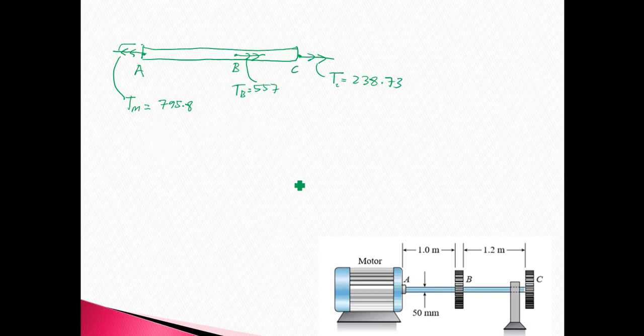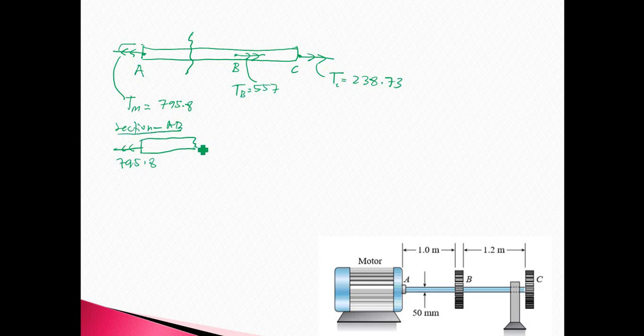So how to determine the torque in section AB? We have to do the imaginary cut, and then we draw the free body diagram for section AB. So we have here 795.8, so that is the free body diagram for section AB.